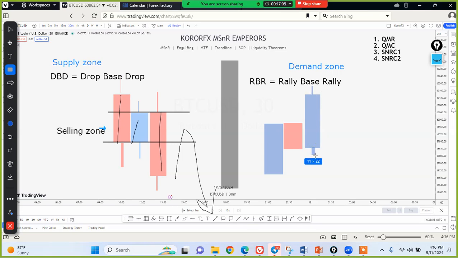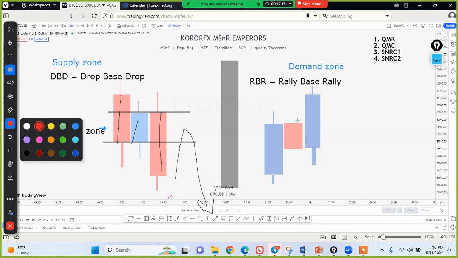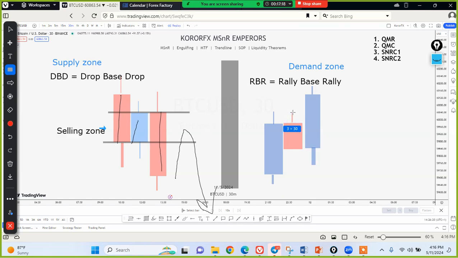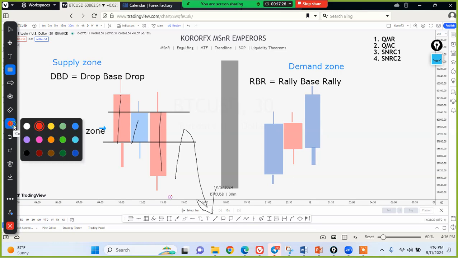Then it forms a wick, and then again another wick. So the base also has a wick. This also has a wick. So you will make the zones again.